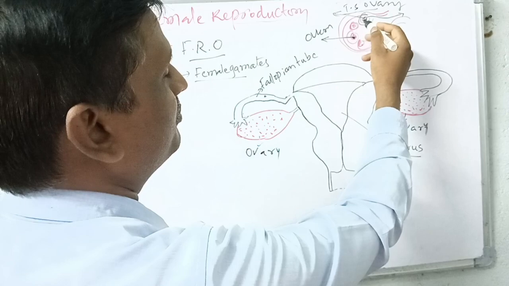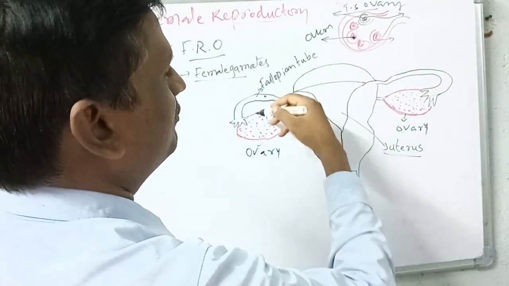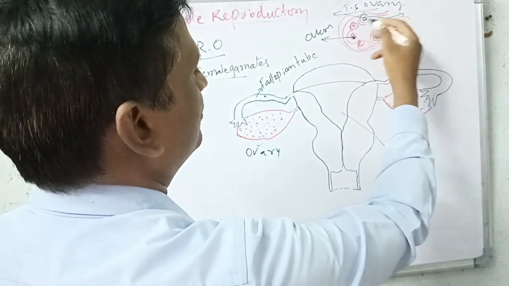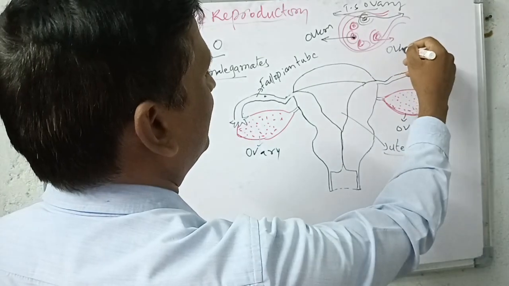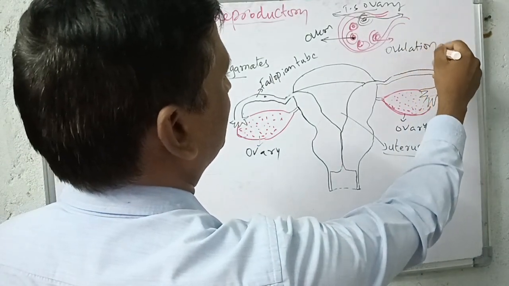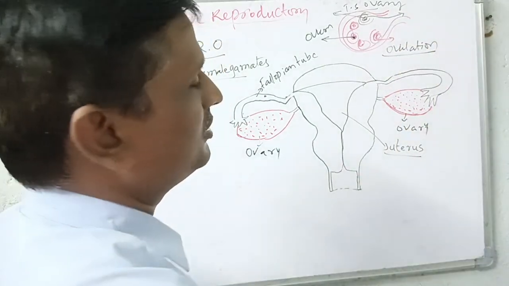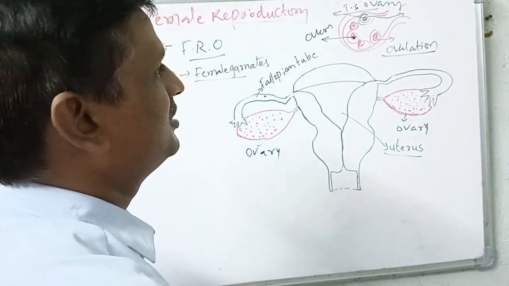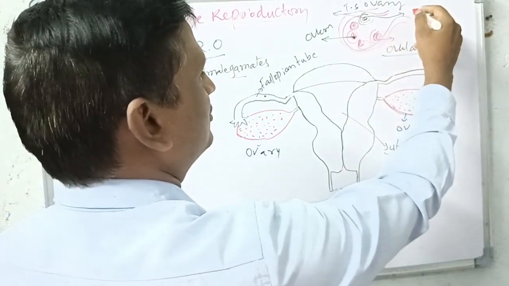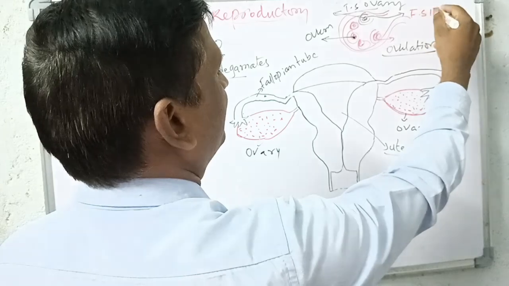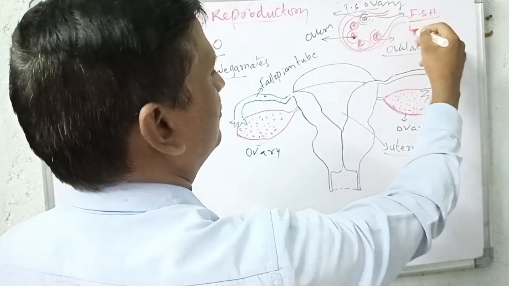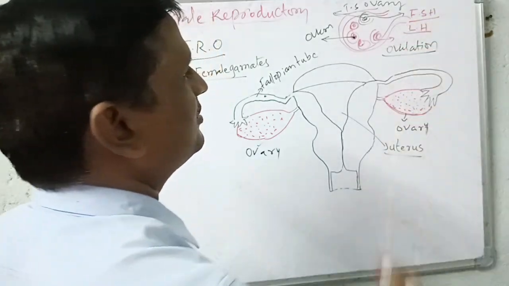This process of development of ovum in the ovary and releasing of ovum from the ovary, we call it ovulation. This is because of the two hormones released from the pituitary gland. One is FSH, follicle stimulating hormone, and one more is luteinizing hormone.